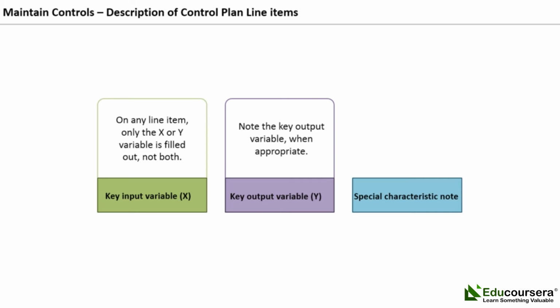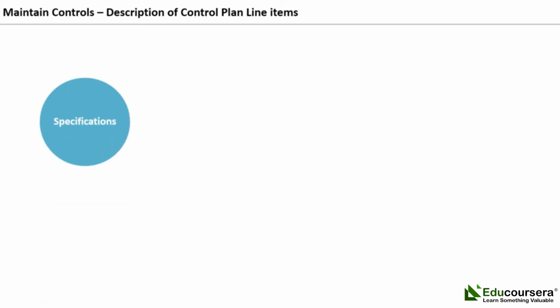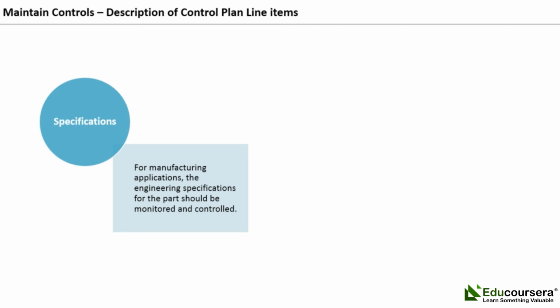Special characteristic note. Indicate if a special characteristic is to be monitored and controlled. Specifications. For manufacturing applications, the engineering specifications for the part should be monitored and controlled. For other applications, one would provide upper and lower specification limits as well as the target value.